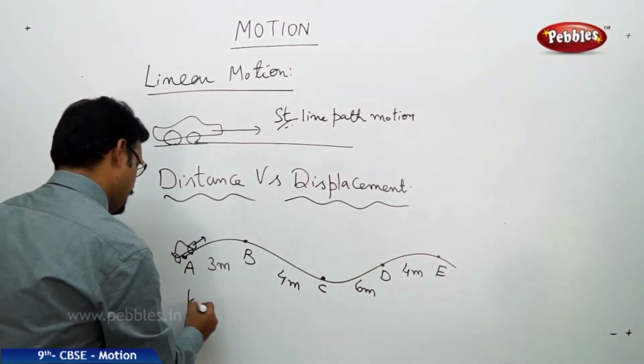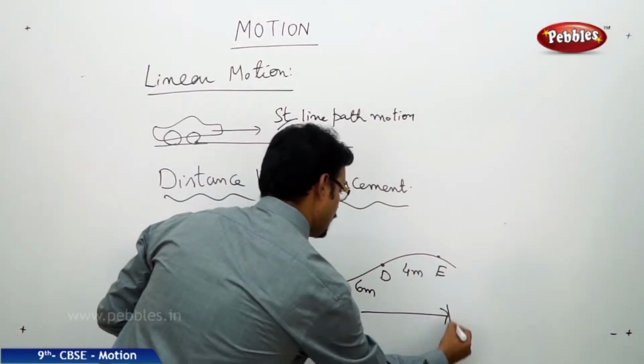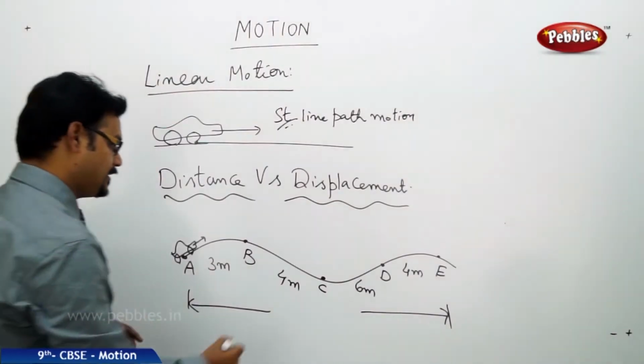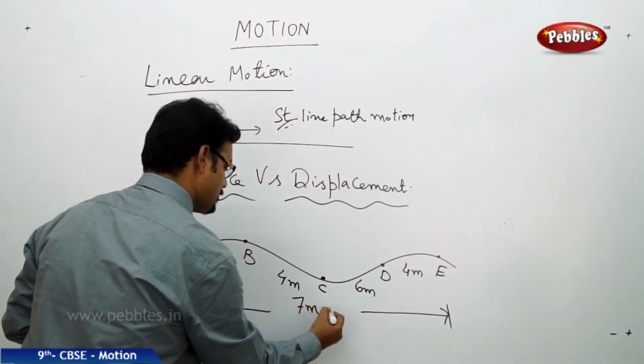But from A to E, the distance is 7 meters.